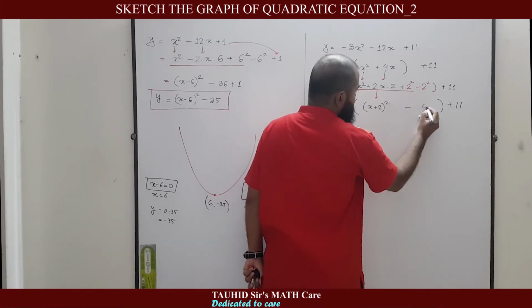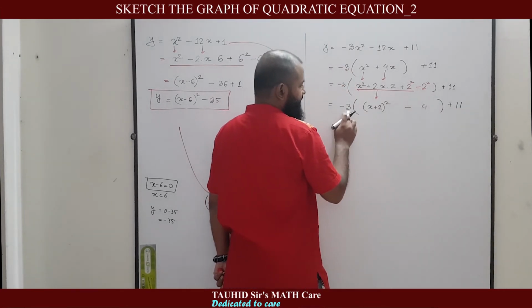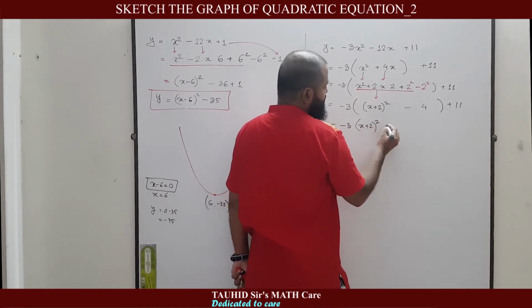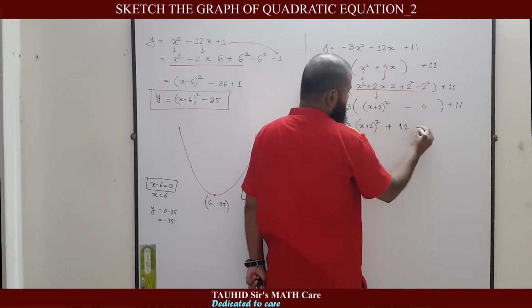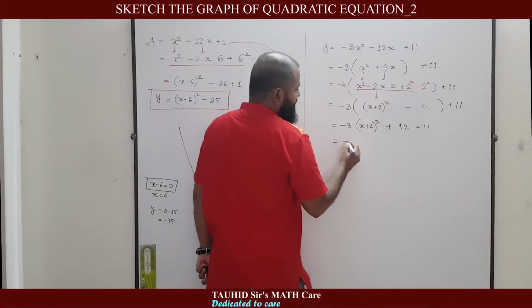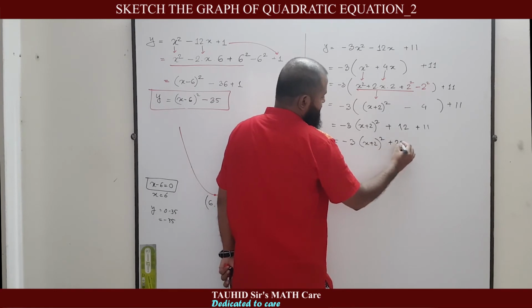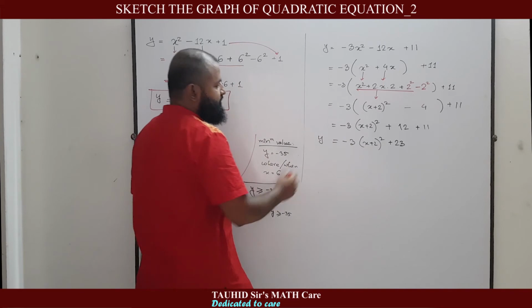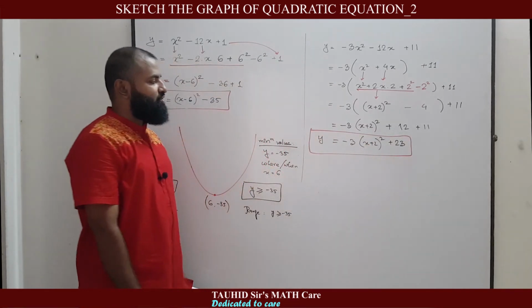Minus 2 square, that means minus 4, and plus 11 as it is, equal to minus 3 multiplied by x plus 2 whole square, minus minus plus 3 multiplied by 4, 12 plus 11, minus 3 x plus 2 whole square plus 23. Therefore y equal to minus 3 multiplied by x plus 2 whole square plus 23.